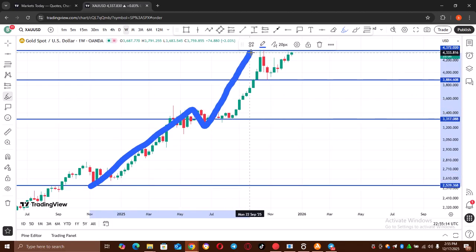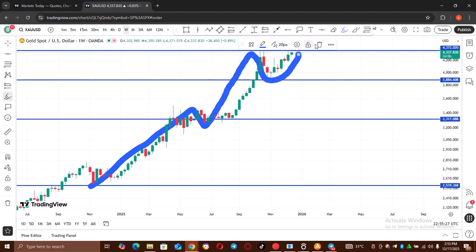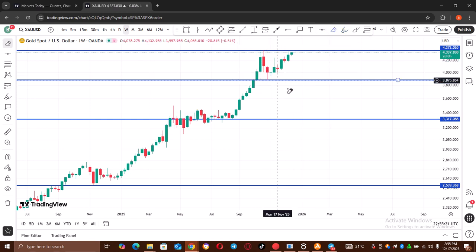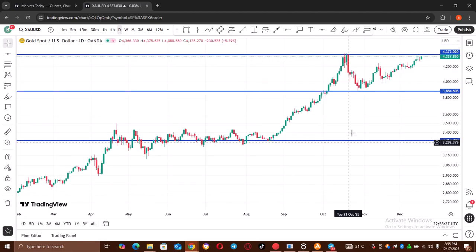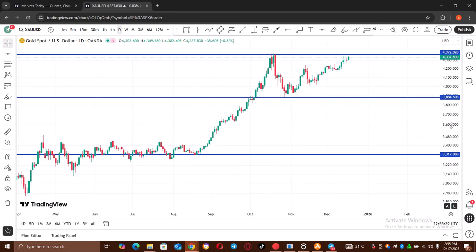Price hit the monthly resistance and got rejected by the sellers. Sellers were there, they pushed the market down. Buyers took it from here, and the market is currently approaching the monthly resistance for the second time. So the overall structure is still bullish.